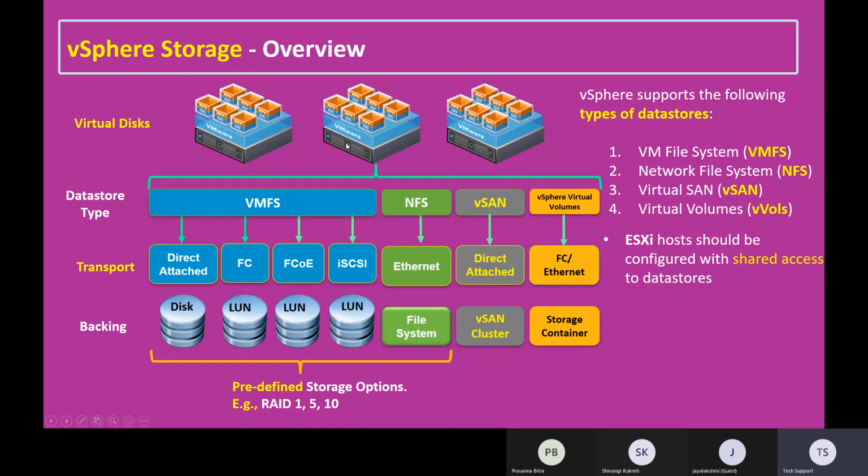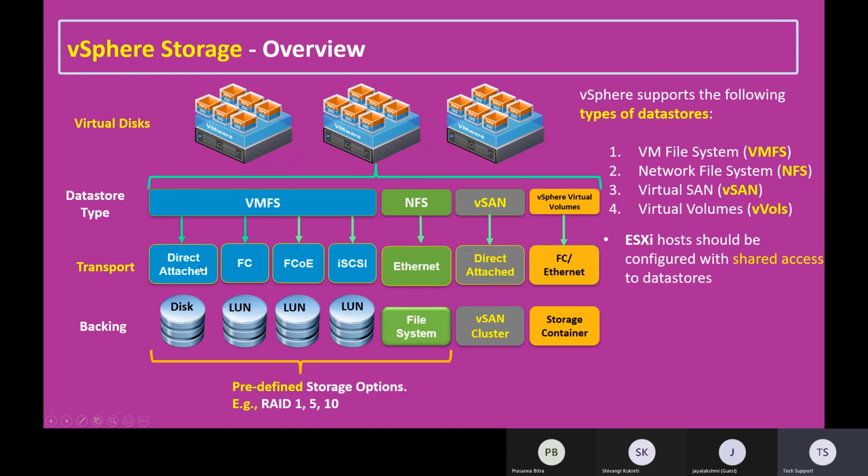Within our ESXi, every virtual machine consists of virtual disks. All virtual disks are stored in a datastore. This datastore type should be either VMFS, NFS, vSAN, or virtual volumes. The VMFS concept we are familiar with now, and we have the default VMFS supported protocols.